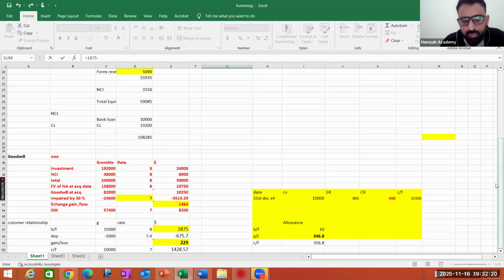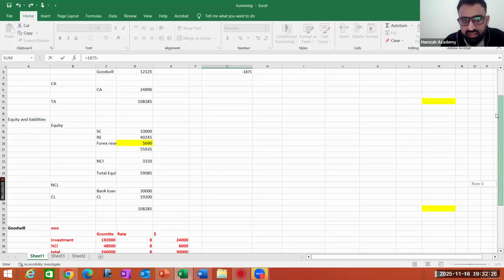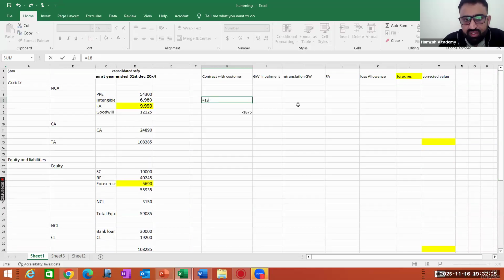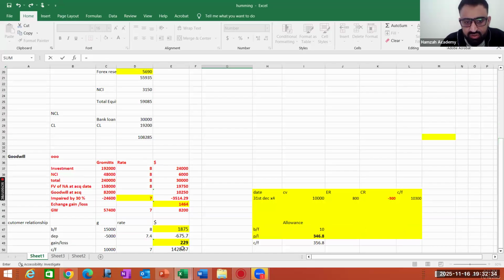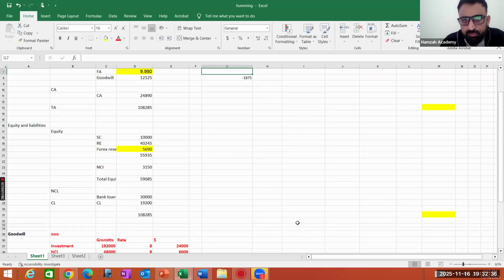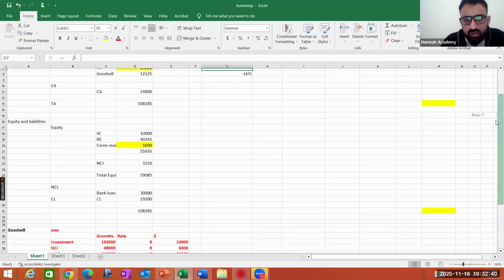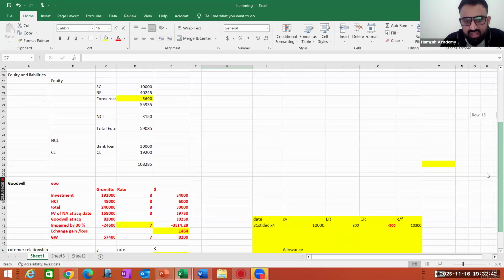So at the year end, the customer contract should be valued at 428.57. So that also needs to be considered. So I will take directly the closing value in the intangible assets. So this will become part of the intangible asset.